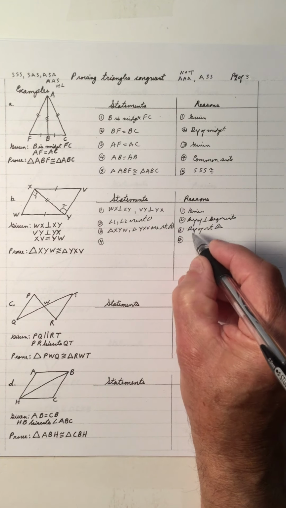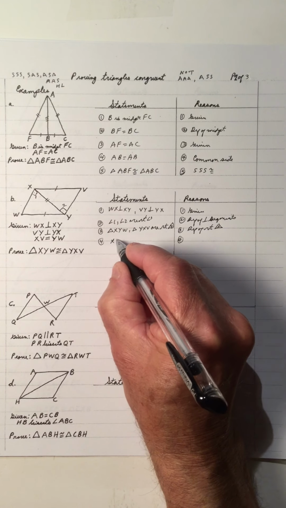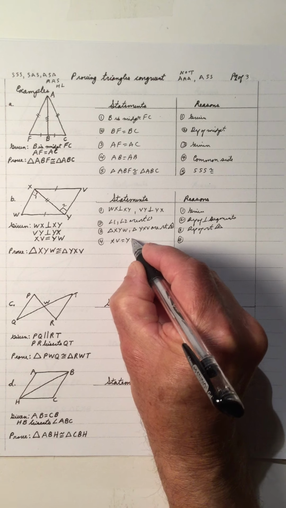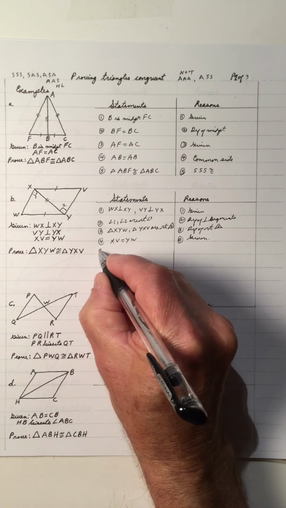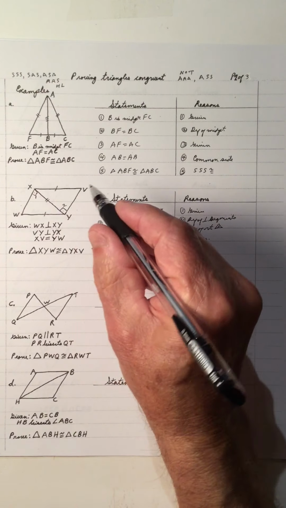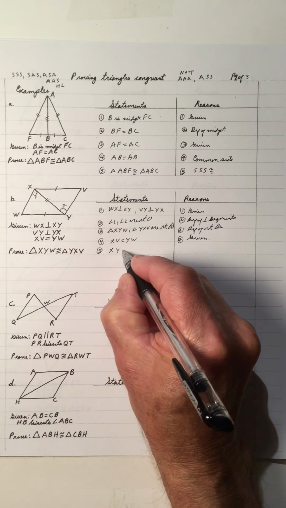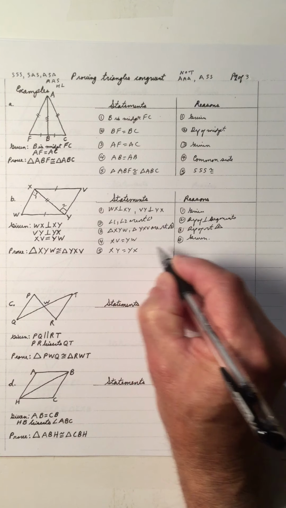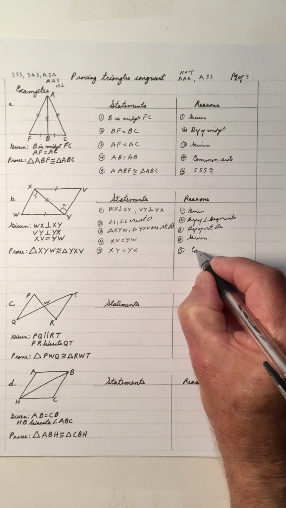And as a result, now we have XV equal to YW, given. That's one pair of sides. And that's the legs of a right triangle. Now we have XY equal to YX. And that's because of the common side.